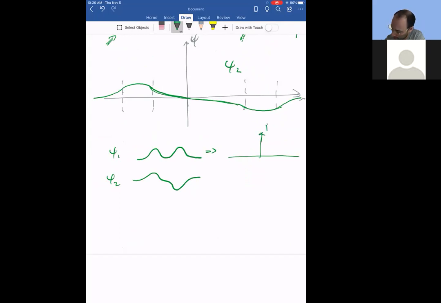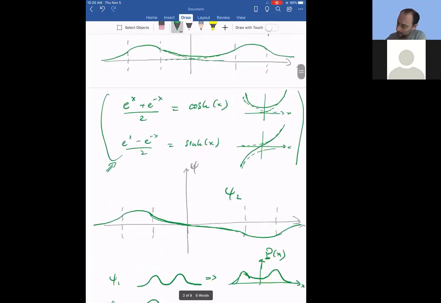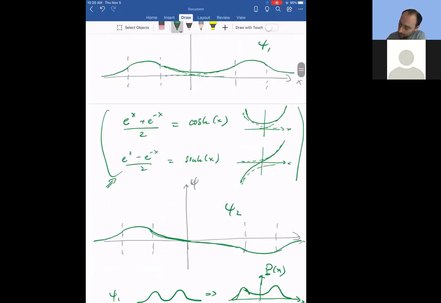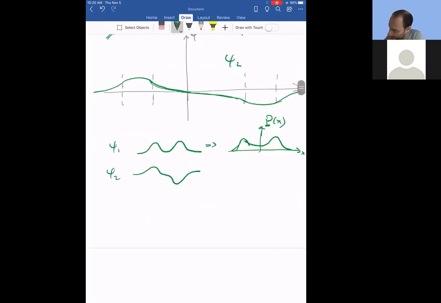So this is P of x, probability density. The important thing to realize here is that it is not zero. You see, this thing does not go to zero. If you evaluate this thing at x equals 0, you get 1. You don't get a 0. Whereas the probability density here is strictly zero.